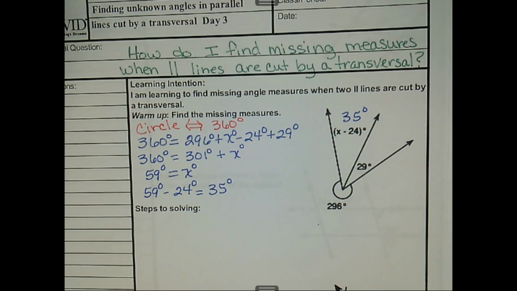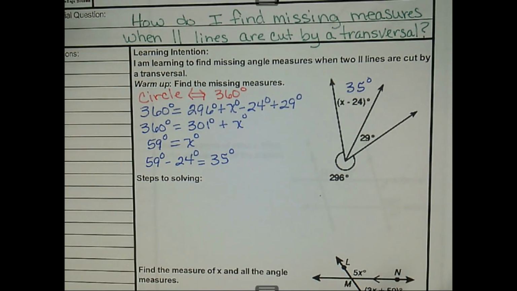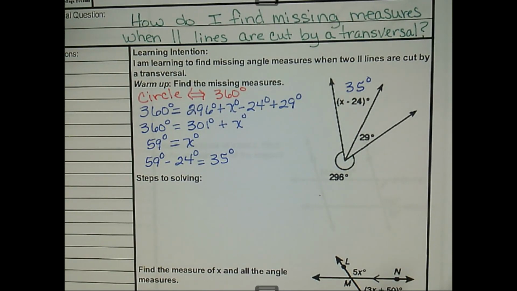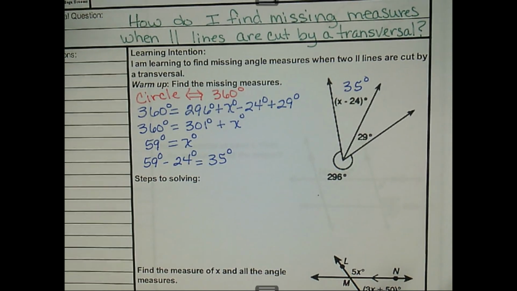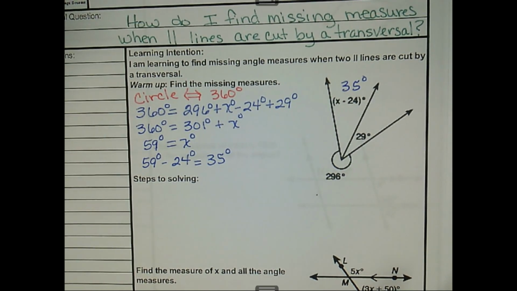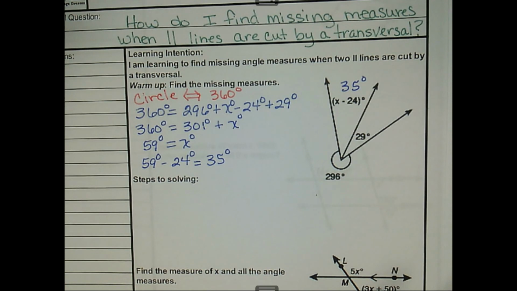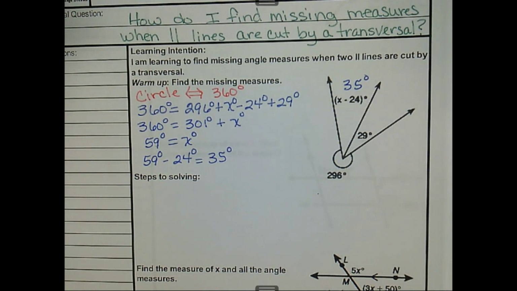Okay, now, we're still struggling with the idea. So the first step of solving is what? You've got parallel lines cut by a transversal. You know that any two angles you pick out are either congruent or supplementary. So you look at the two angles and you have to decide, are they congruent or are they supplementary?